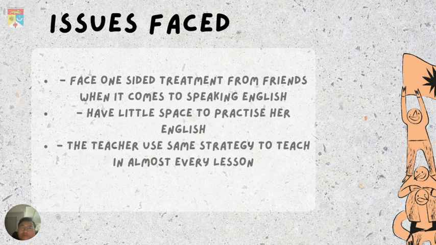However, she also faced some issues, although not many. The first one is she sometimes faces one-sided treatment from friends when it comes to speaking English. One-sided treatment here means when she tries to speak to them in English, sometimes her friends are blur, they don't understand what she says, and they don't respond at all.